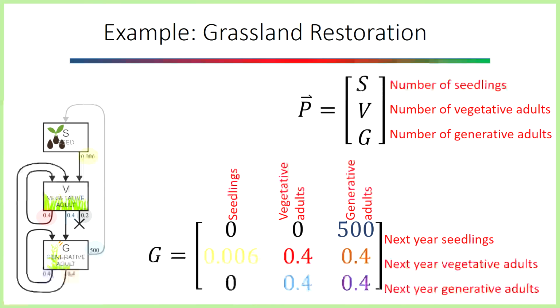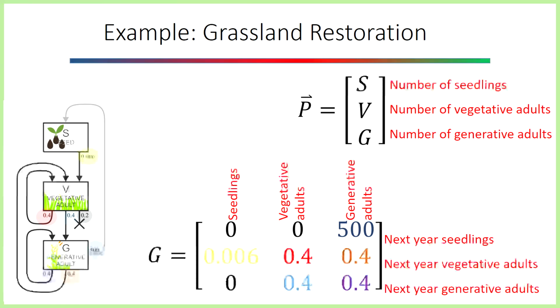Based on this information, we constructed a matrix P that keeps track of how many seedlings, vegetative adults, and generative adults we have in the population. We also generated a matrix G that encodes the probabilities that an individual this year will become some form of an adult next year and/or produce new seedlings next year. Multiplying P times G allowed us to quantify the population structure for next year.